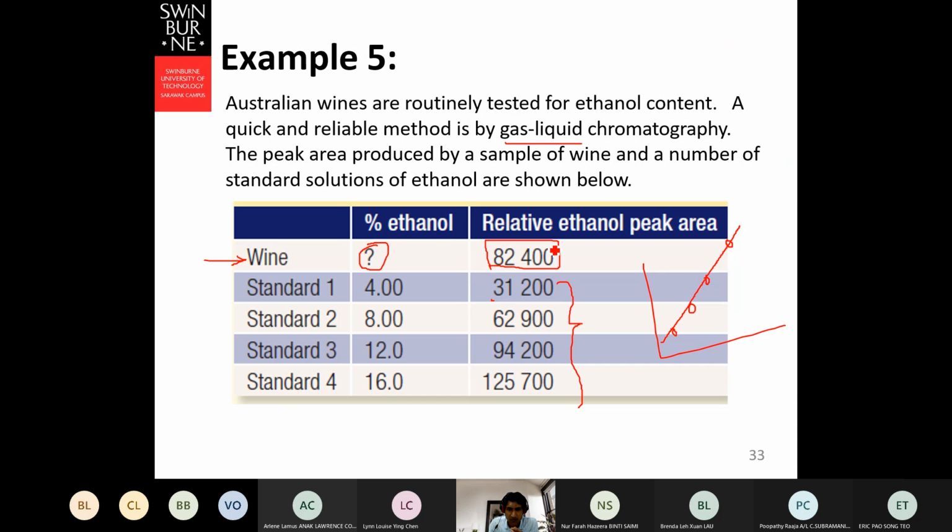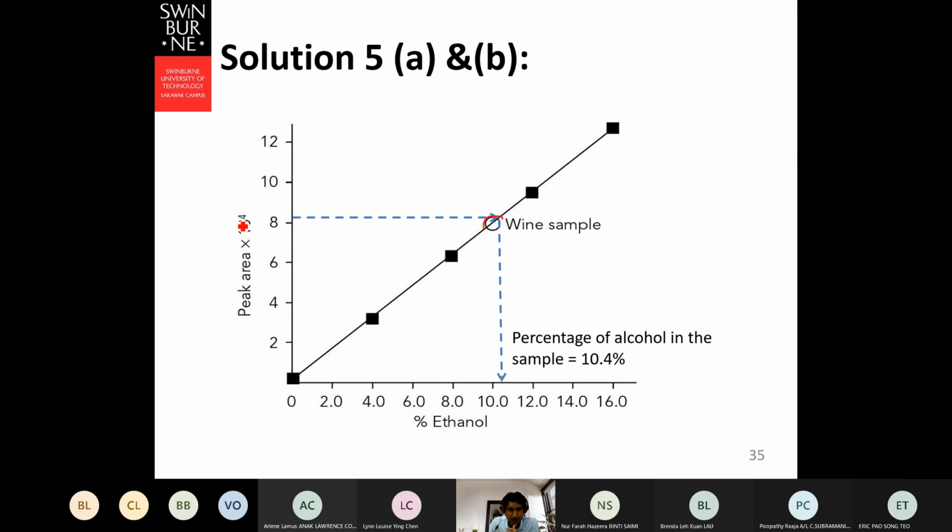It does not have to be perfect, as long as it is a straight line touching all of them. And then from here, I see that 82,000 is around here. Then I can find the concentration of ethanol in the wine sample.